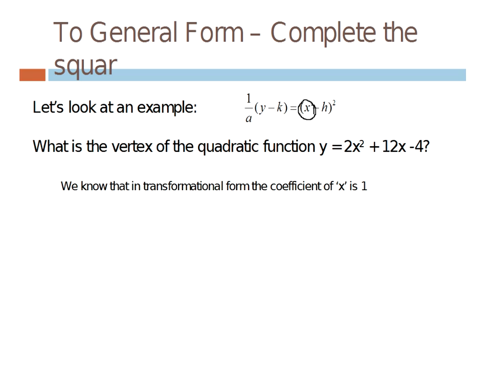So our first step in completing the square and changing into transformational form is we want to divide every term by a. And so the a is the coefficient of x squared, and so we're going to do that here. But don't forget to divide every term by that a value.